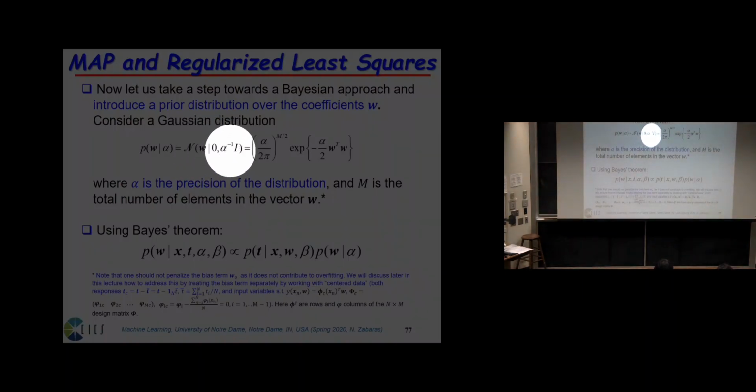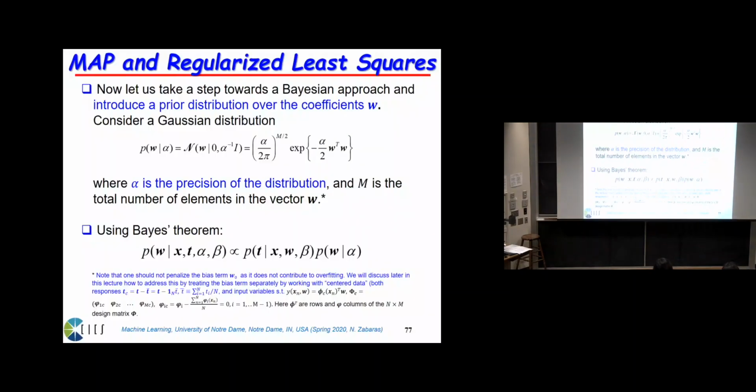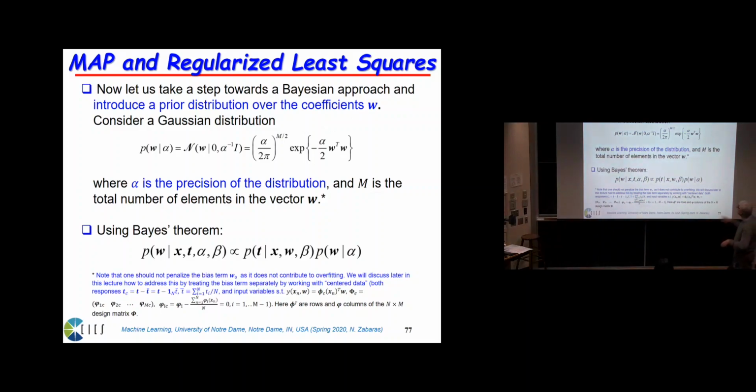I call it spherical because, even though W is a vector, the precision or variance here you can see is constant in every direction, okay? So I write this as, I'm expanding the Gaussian, and it looks like this. And obviously W is m-dimensional, so I get something nice like that. Everybody agrees?